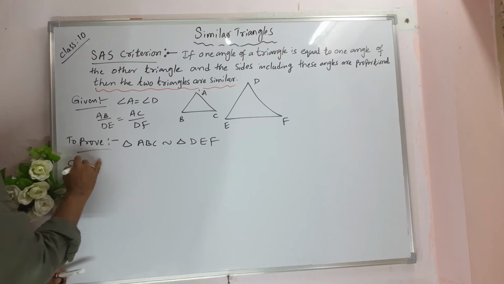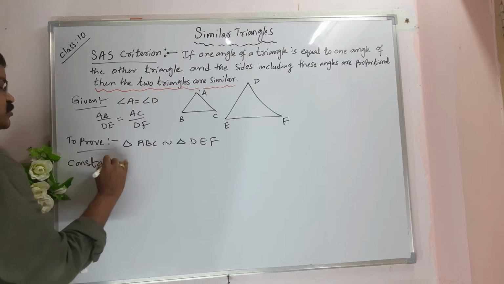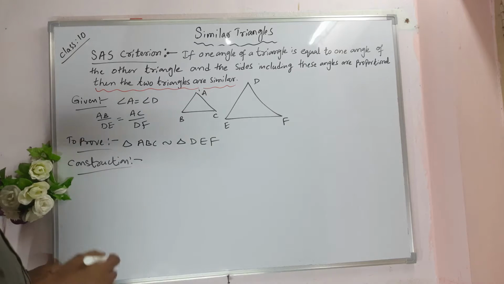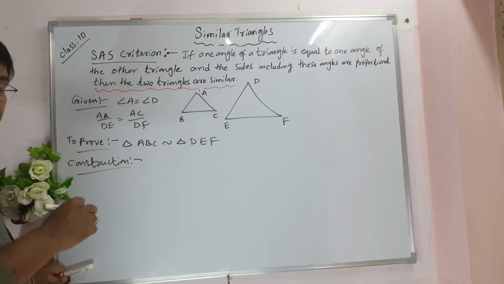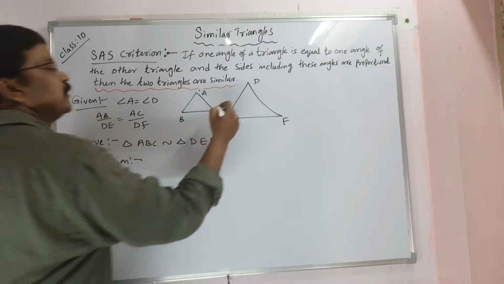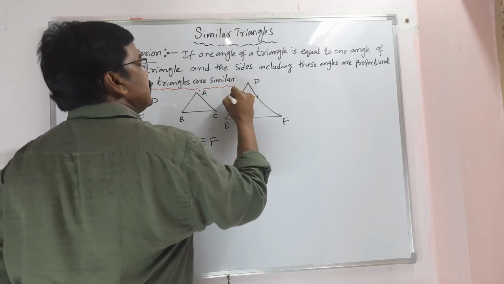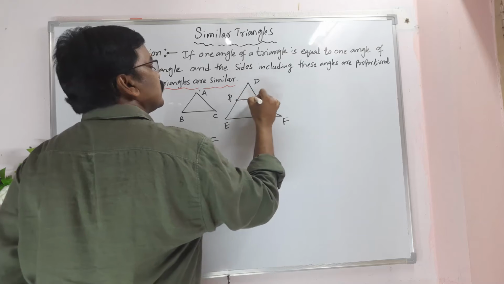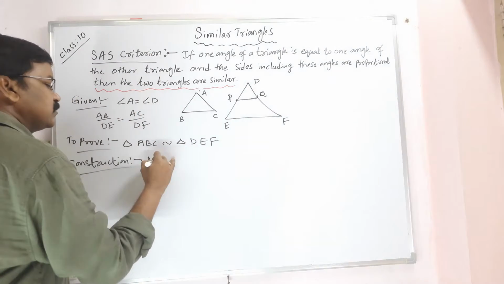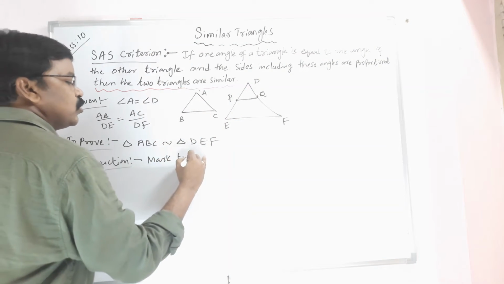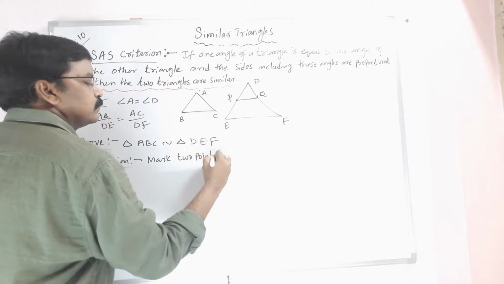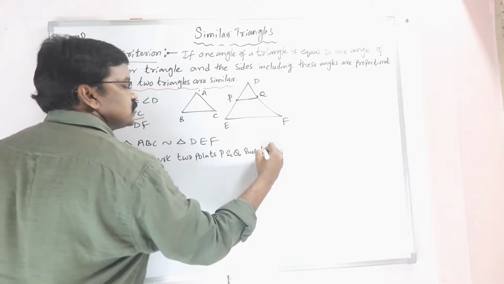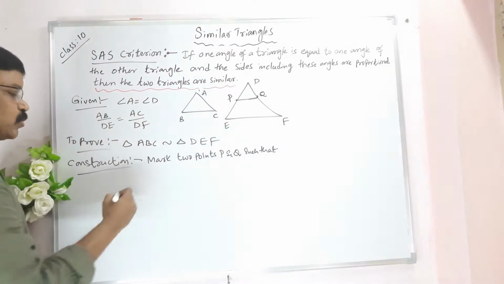So, the same construction that we did for the first and second theorems, that means the SSS and AA criteria. Here also we mark two points, P and Q. How do we mark these points?